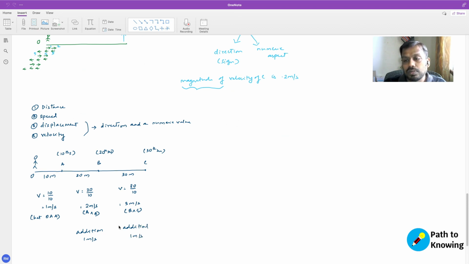Some objects can behave this way, like when an object's velocity changes at a certain rate. We call those objects accelerating. So in this case, this object is accelerating at a certain rate, because its velocity is changing at a certain rate.